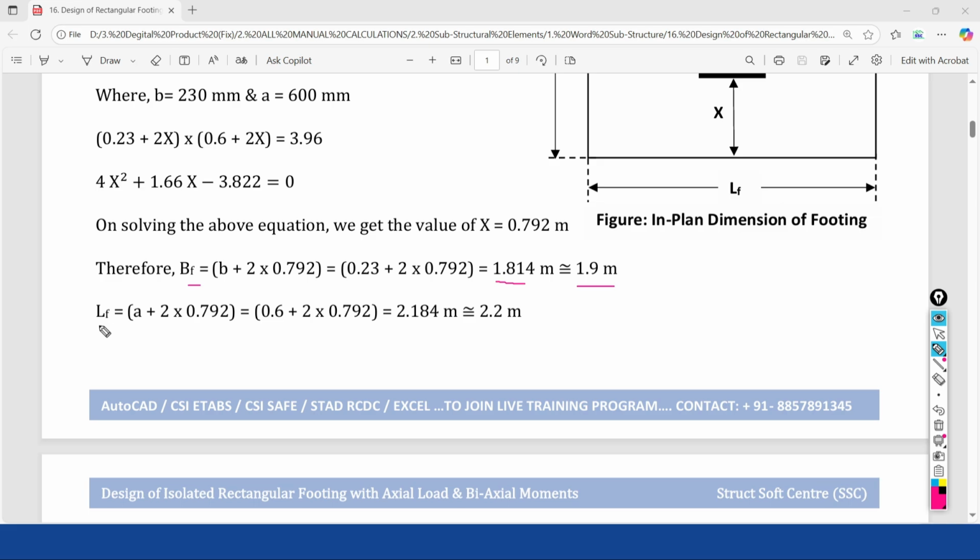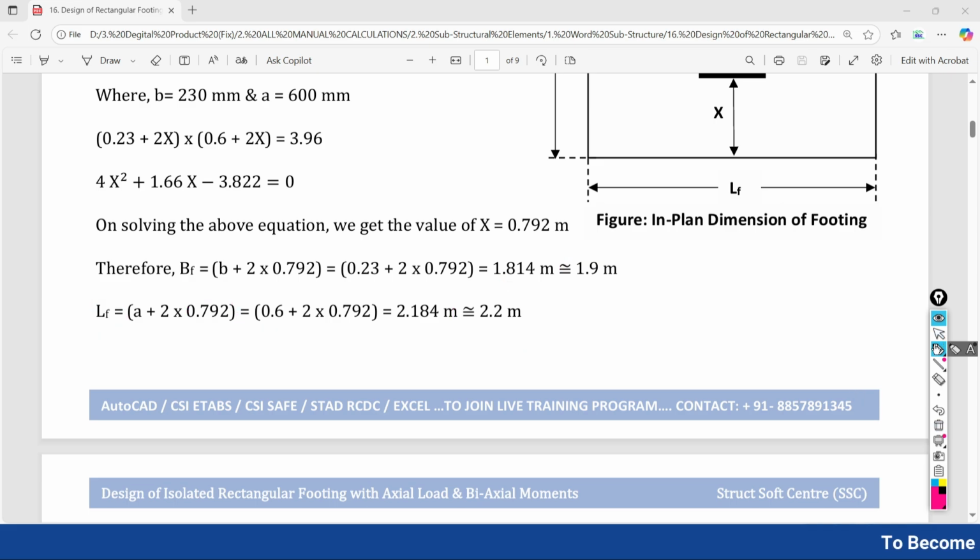Likewise, the formula for the length of the footing is A plus 2 times x. So A is 0.6 plus 2 times 0.792, so the required length of the footing is 2.184 meter, and we round this up to 2.2 meter. So finally we have the width of the footing as 1.9 meter and the length of the footing as 2.2 meter.